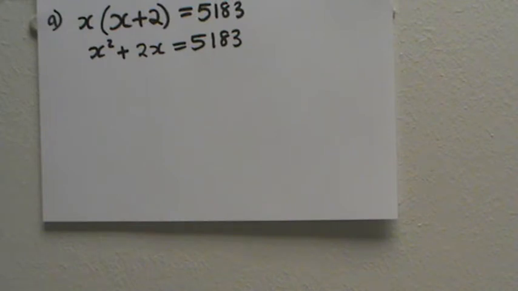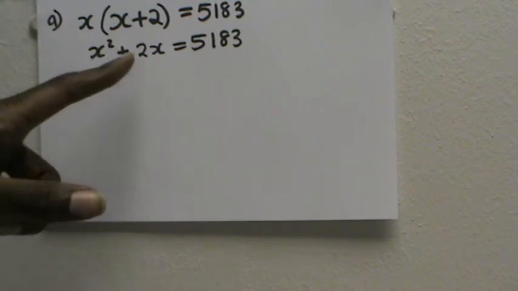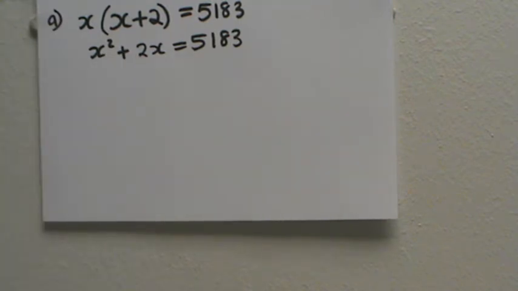Now remember, to complete the square, what we need to do. Okay, so to do that, I look at this number 2. I will divide it by 2 and then square it. So 2 divided by 2 is 1, and then 1 squared is 1.